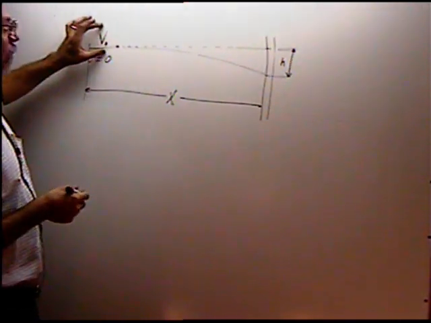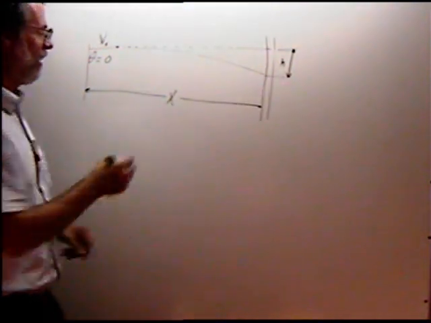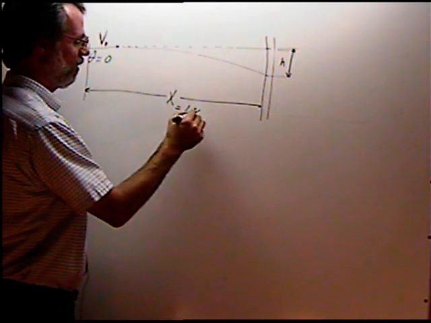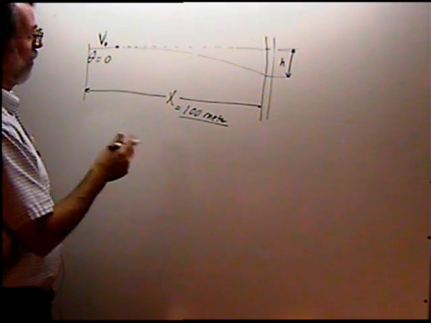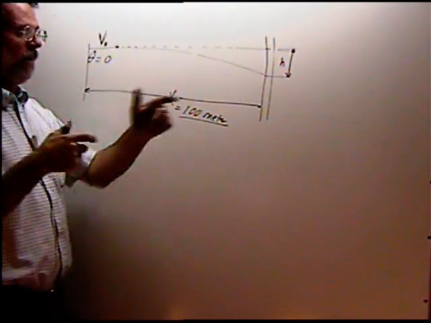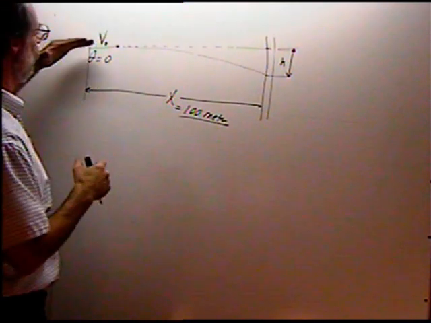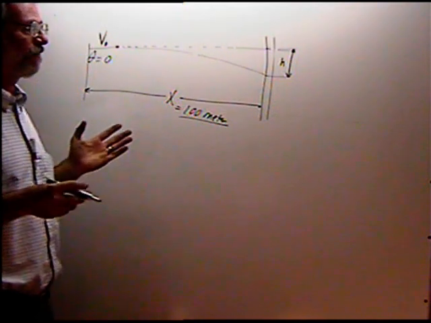Let's say we know what our initial velocity is, and we want to solve for how much drop we're going to have. Say this is 100 meters. That's a long way, around 300 feet, and we're shooting maybe a really long arrow or something like that. We don't know how much drop we're going to have. Okay, how do we solve this problem?